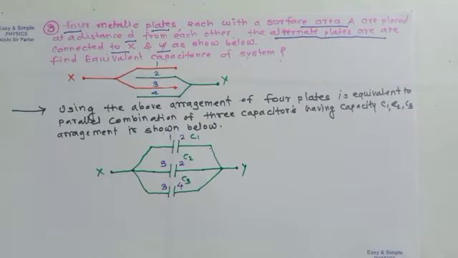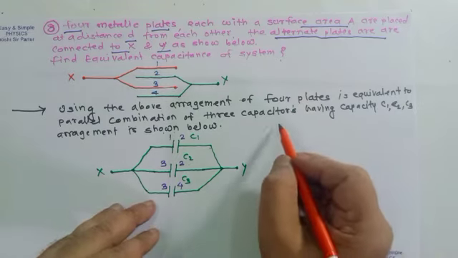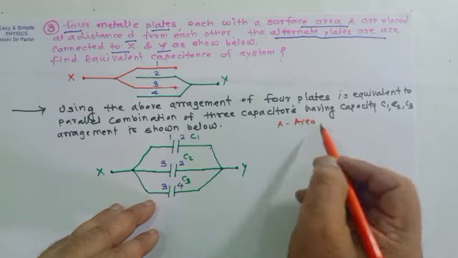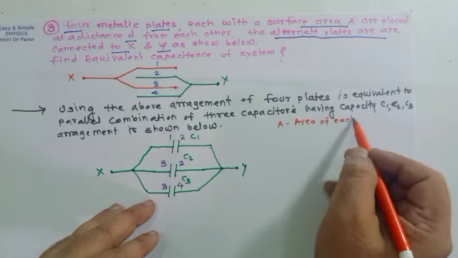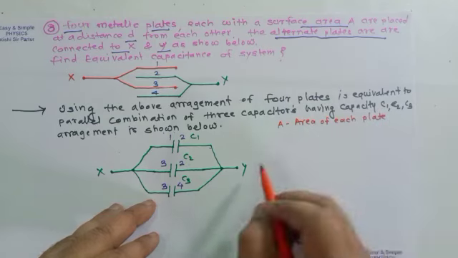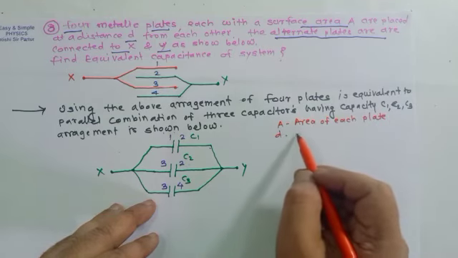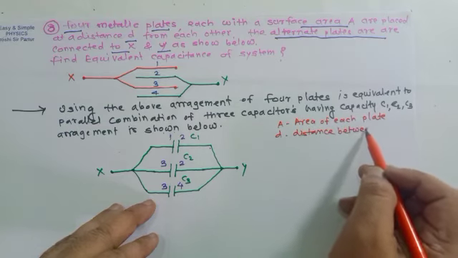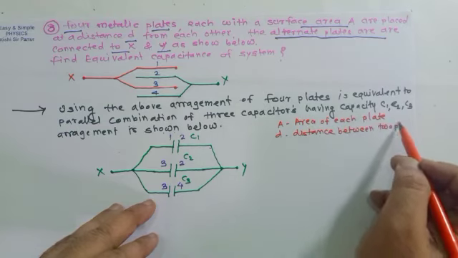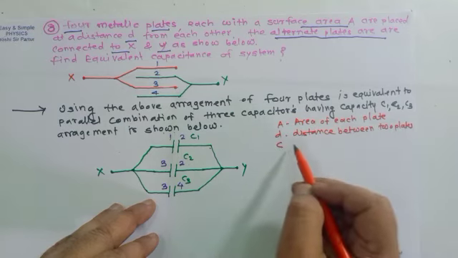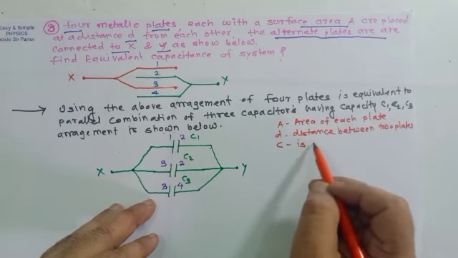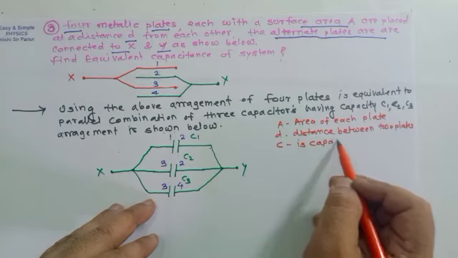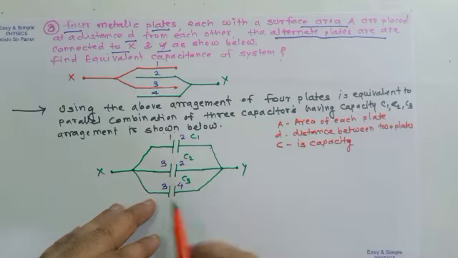So here we know that A is area of each plate, D is distance between two plates, C is capacity of parallel plate condenser.